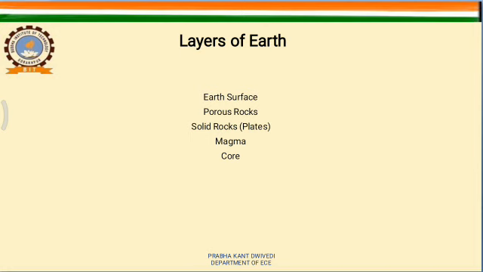This layer of porous rocks contains water in the pores of the rocks, and above all these layers, there is the outermost layer of the earth called the earth crust, which is the surface of the earth.